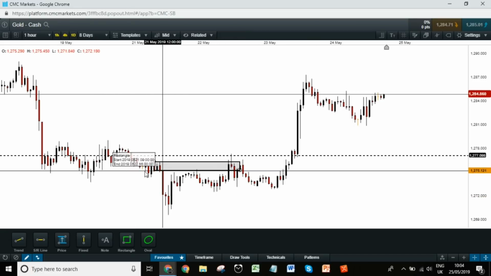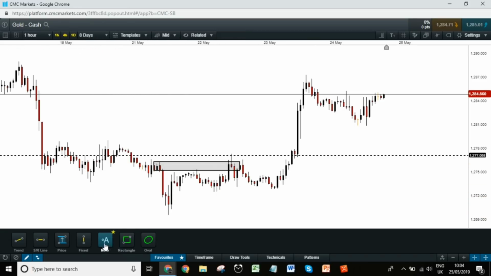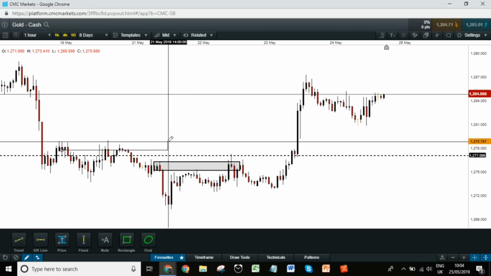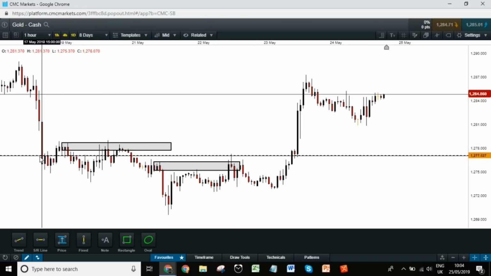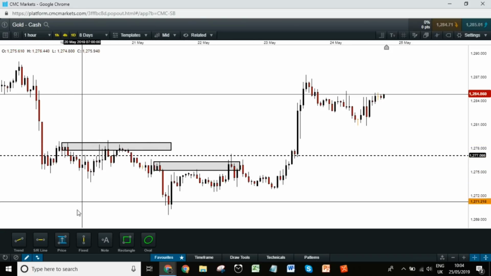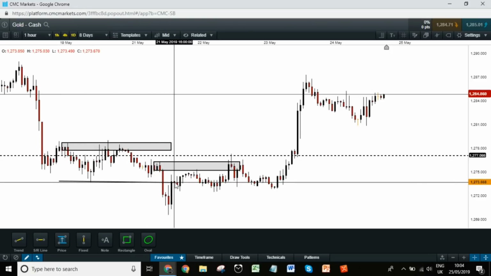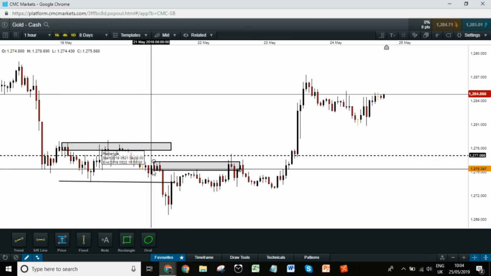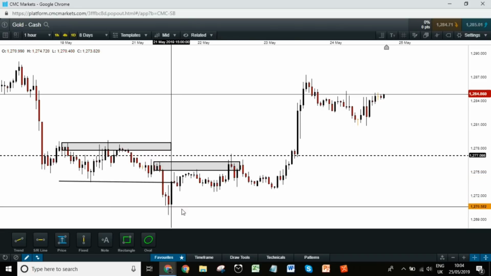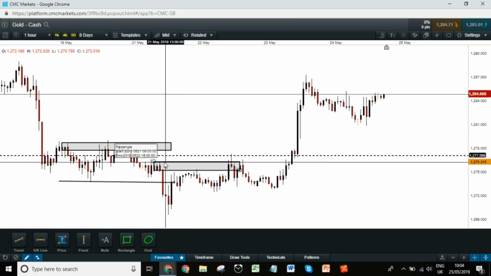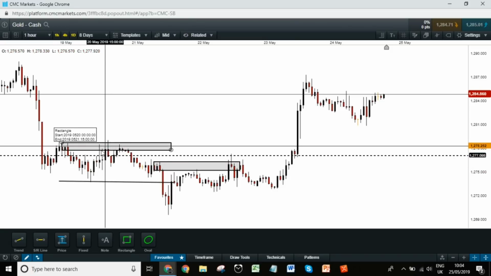The reason why I'm looking at this one and not this one right now is because this low was broken over here by this zone up here and created a lower low. So now I'm looking for this potential event 2 to be broken rather than this potential event 2.